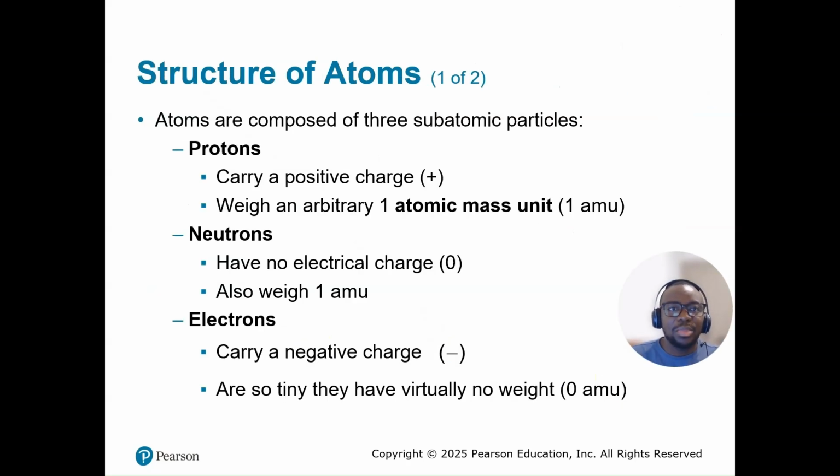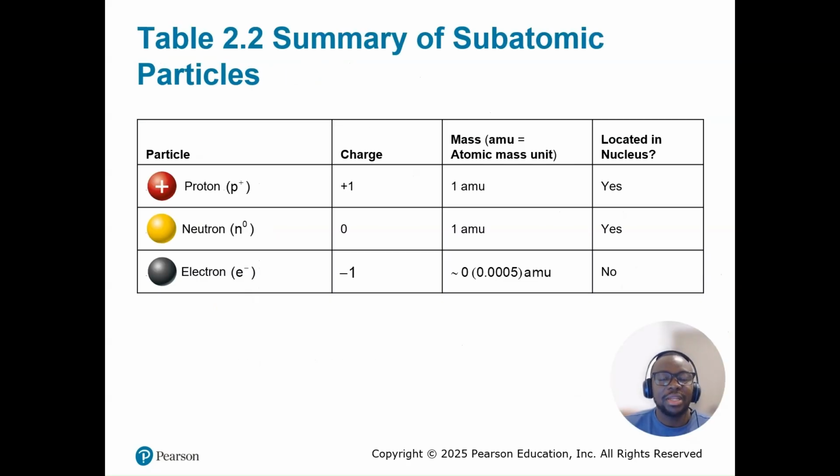The word atom comes from a Greek word meaning indivisible. However, we now know that atoms are made up of subatomic particles, namely protons, neutrons, and electrons. The subatomic particles differ in their mass, electrical charge, and position in the atom. This table provides a summary of the properties of subatomic particles.